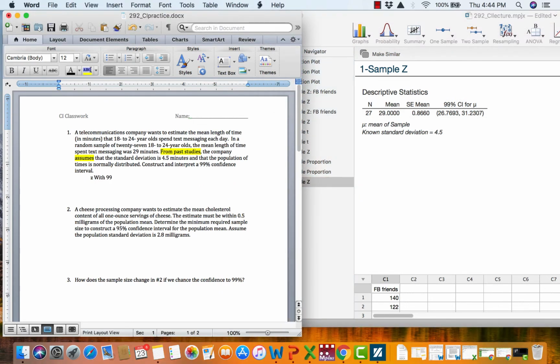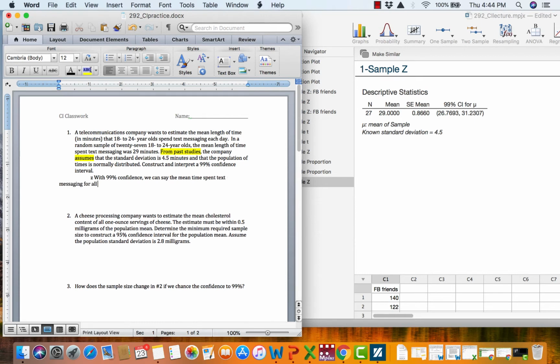So we say with 99% confidence, we can say the mean time spent text messaging for all 18 to 24-year-olds is between 26.77 minutes and 31.23 minutes.